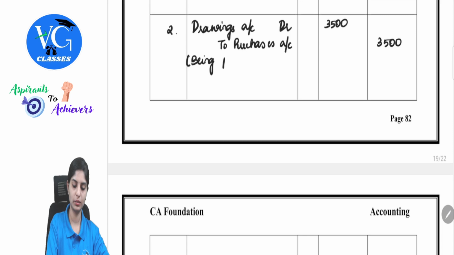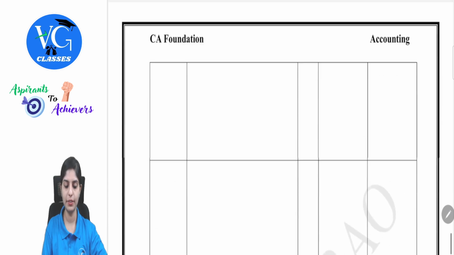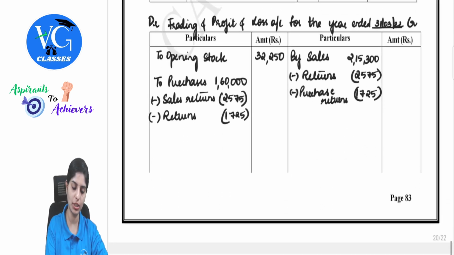Being personal expense wrongly treated as purchases. Clear? Now for this, we will also have to make the treatment. We have now reduced the balance of purchases.